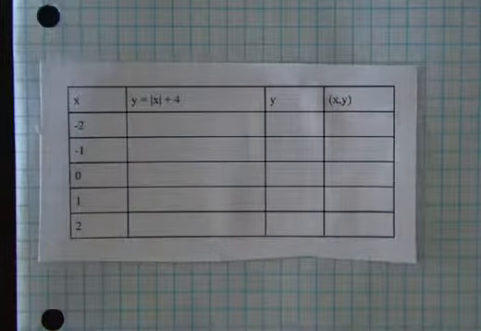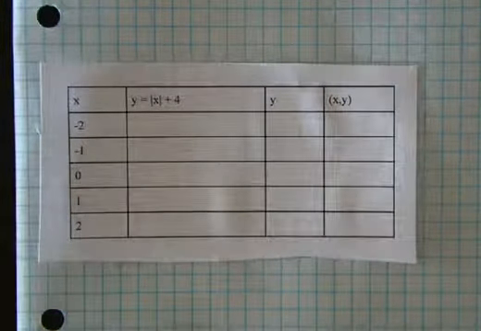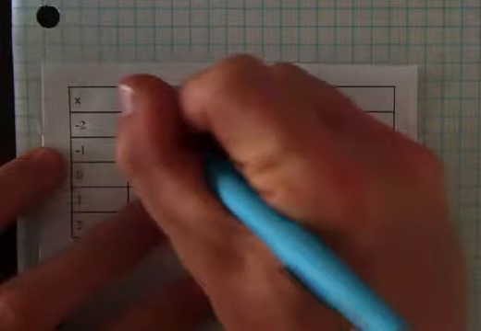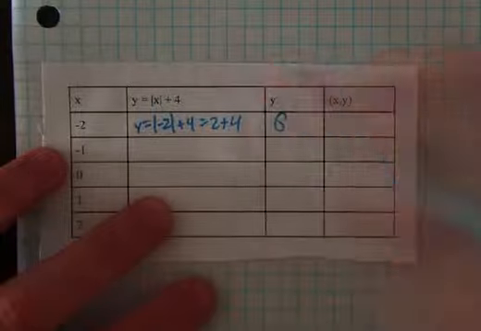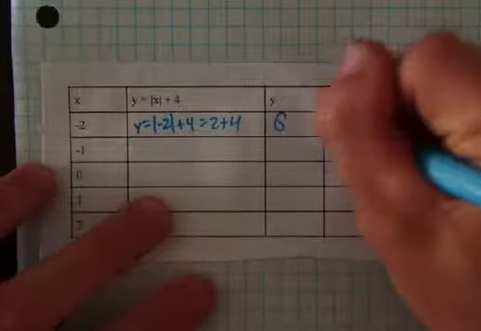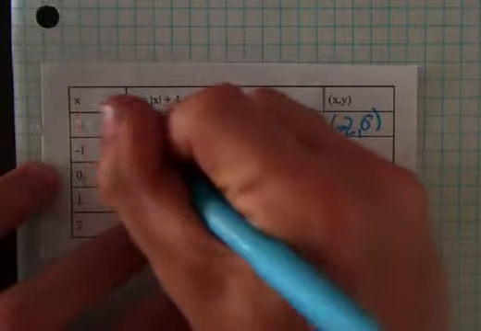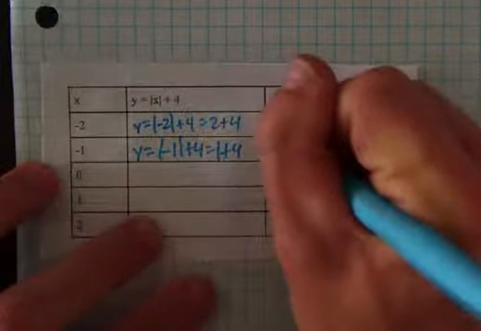y-axis. Then finally, our last one we're going to do today, y equals absolute value of x plus 4. Okay, let's go ahead and plug these in. We've got y equals absolute value of negative 2 plus 4, which equals 2 plus 4, or 6. We got negative 2 comma 6. Y equals absolute value of negative 1 plus 4, which equals 1 plus 4, or 5.